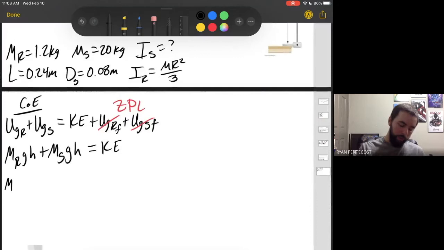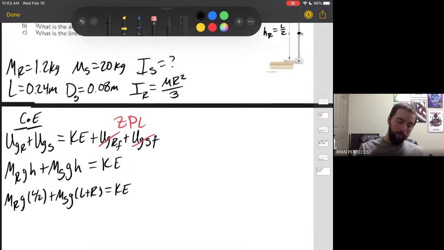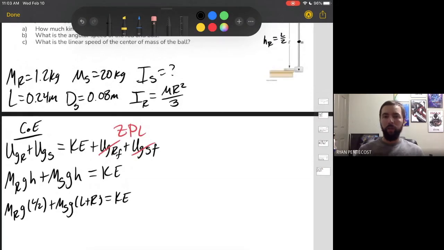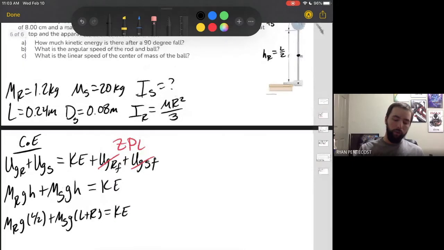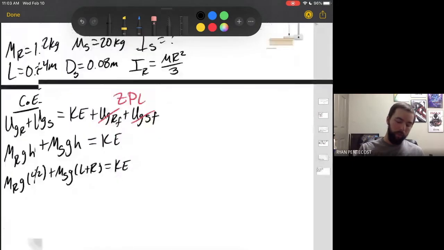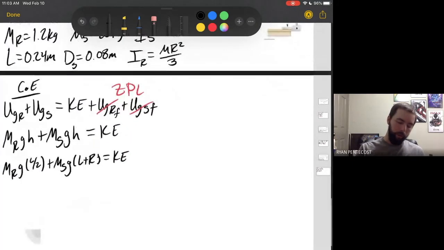So we've got mass of the rod times G times L over 2 plus mass of the sphere times G times L plus R, and that equals the kinetic energy of the system. We could separate the kinetic energy of the rod and the sphere, but it just asks for kinetic energy. How much kinetic energy is there? So we got off the hook there. So let's put in our values.